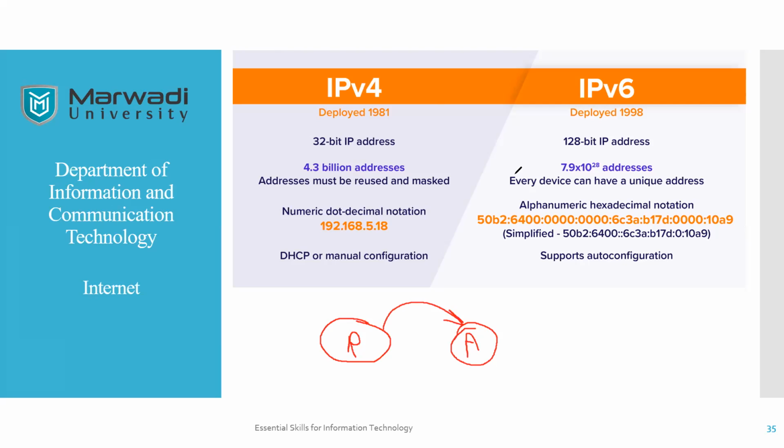At that time, your IP address is dynamically configured from Rajkot to Ahmedabad using the DHCP protocol. Otherwise, you have to configure it yourself, but in IPv6 it is configured automatically. I hope you are all clear about the difference between IPv4 and IPv6.